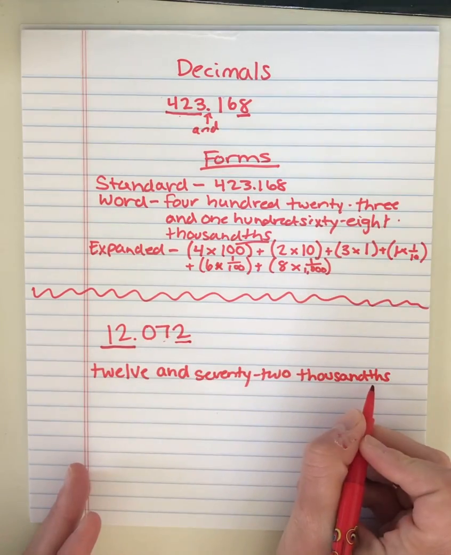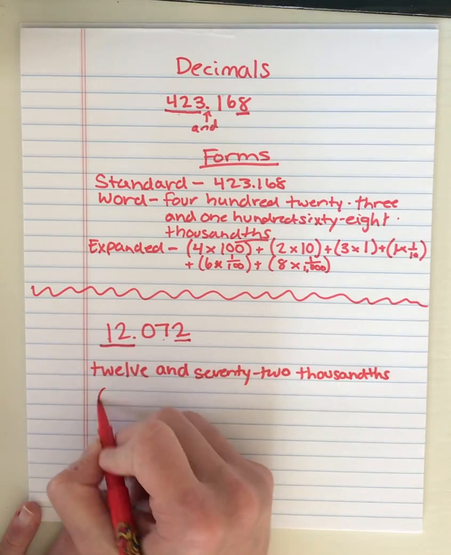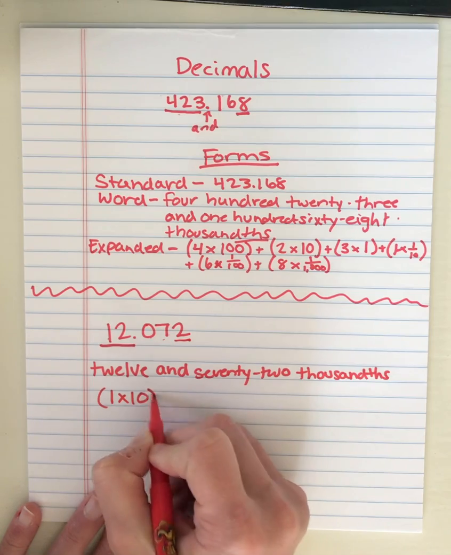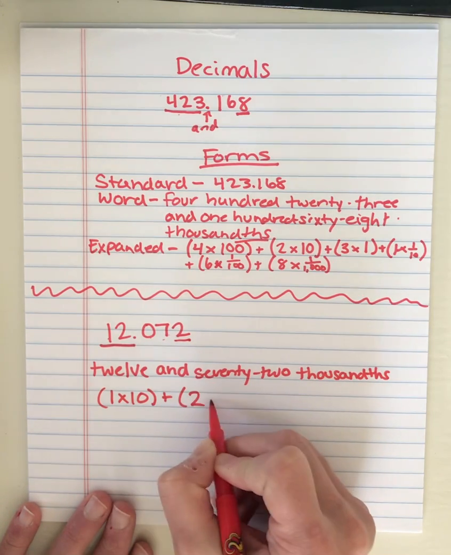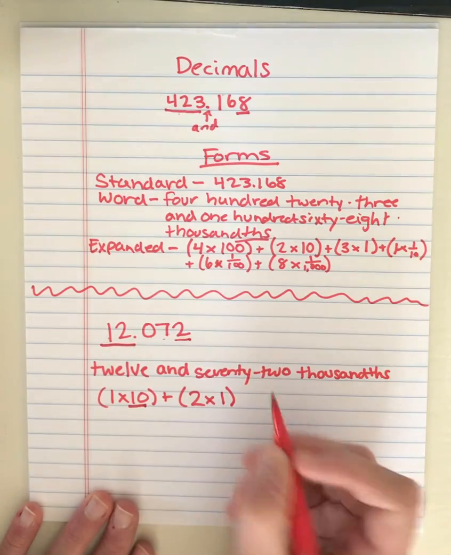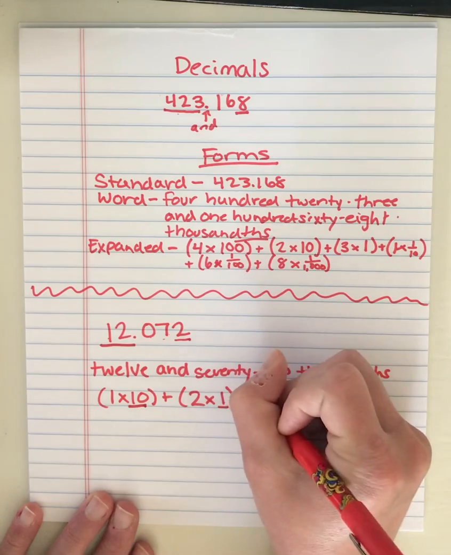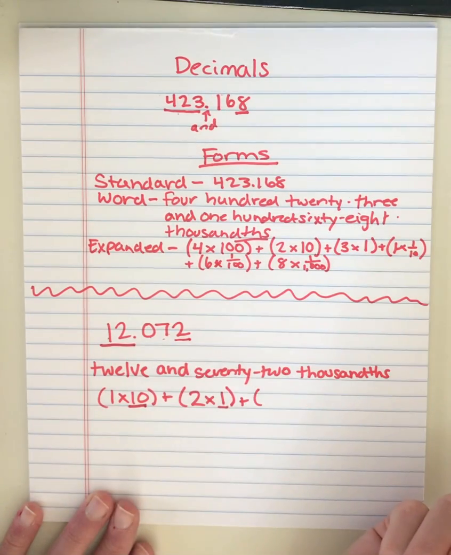So this is word form, standard form, and then an expanded form. 1 times 10 plus 2 times 1. Remember, 10 because it's in the tens place, 1 because it's in the ones place. I don't have to do anything with the 0 because I know 0 times any number is always 0.